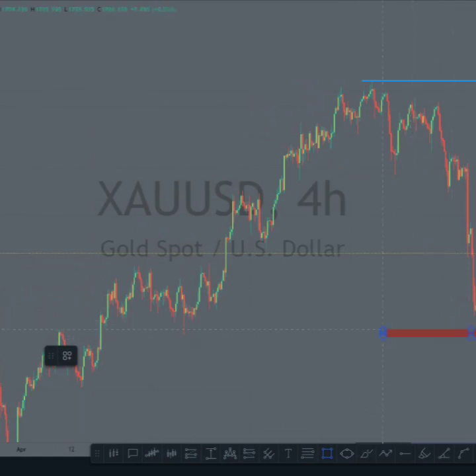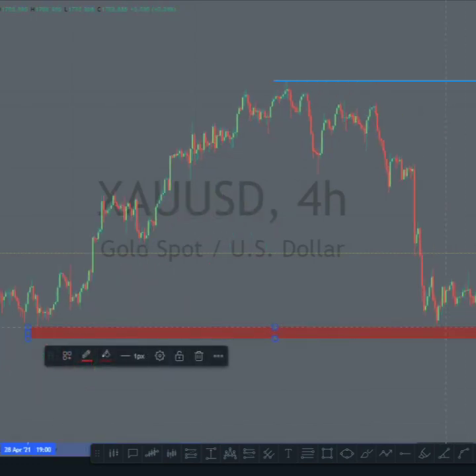The reason is this level here, we have a double bottom, or we can call it a triple bottom, because we have a touch here, which is a possible touch which can make us have a triple bottom.